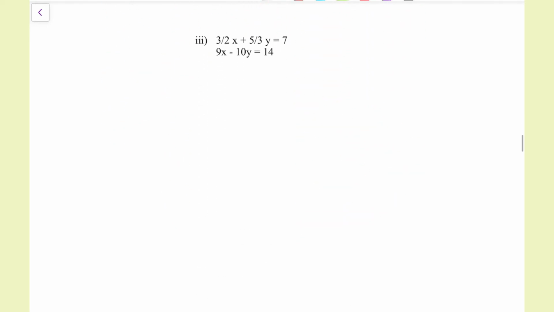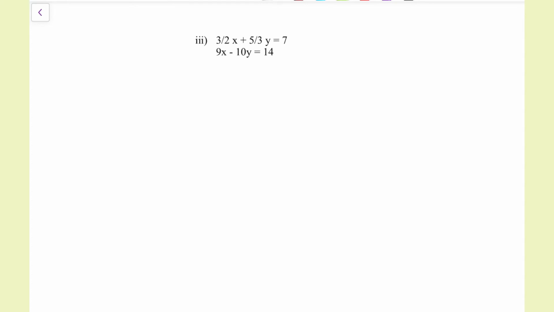Coming to the next one, 3 by 2 x plus 5 by 3 y equals 7, and the second equation is 9x minus 10y equals 14. Here the p by q form is there, so we need to be a little careful.